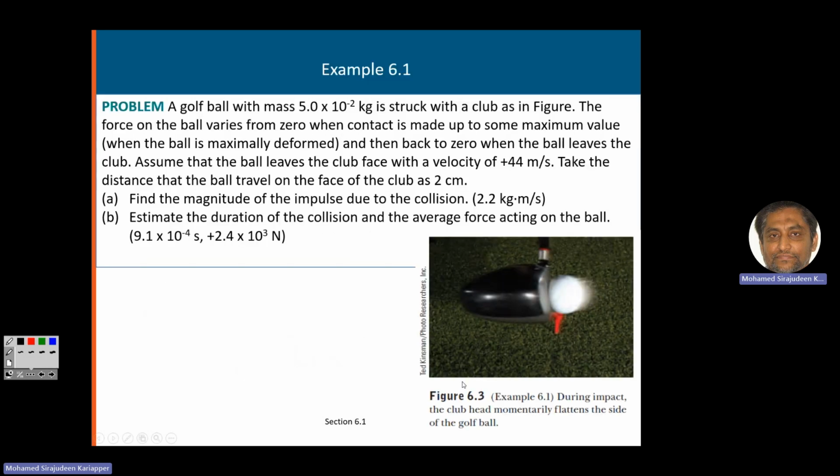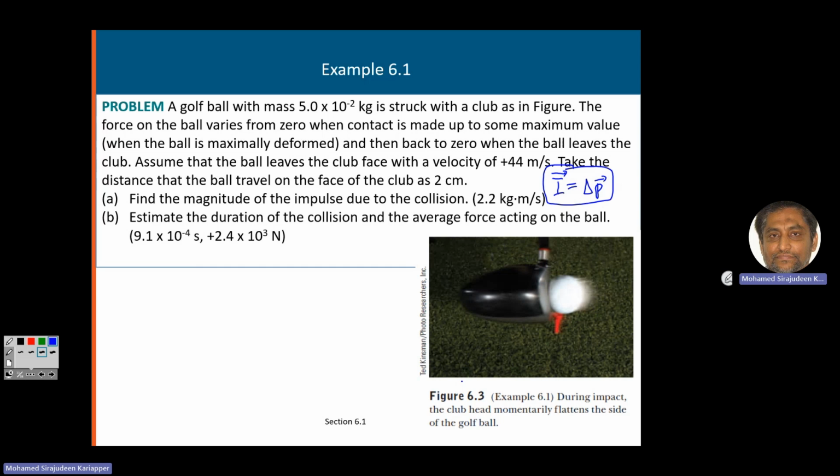Right. Now we are ready to solve a question involving what we learned so far. What did we learn? We defined the momentum, then we defined the impulse, then we said we have a theorem, we don't call it a law. The impulse is equal to the change in the momentum.